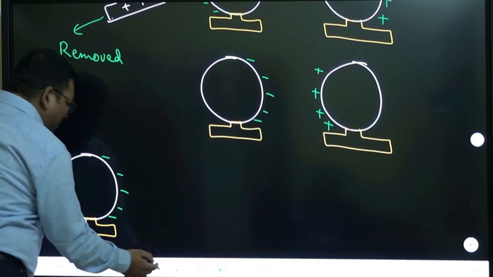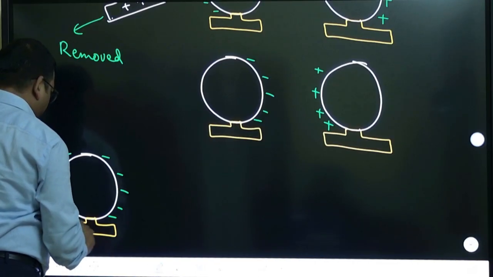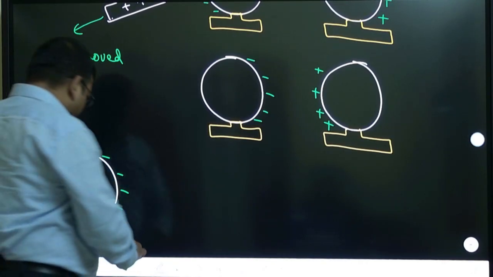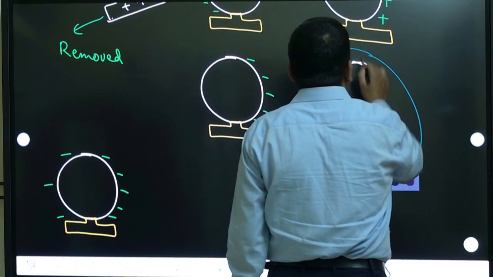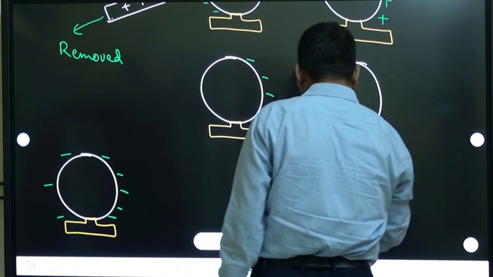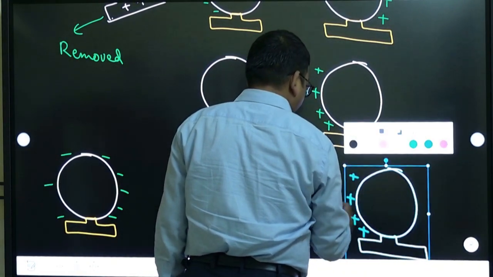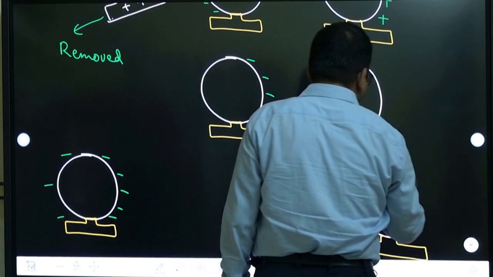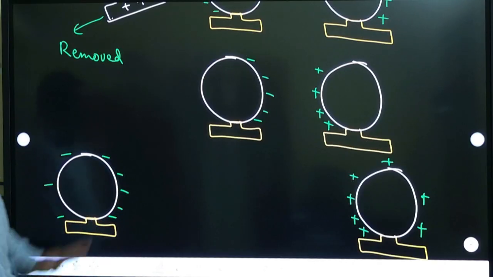Now when I separate them further, what happens? These charges get uniformly distributed. Similarly, I will separate that one also. This also has been separated. So here also this positive charge gets uniformly distributed. Are you clear now?